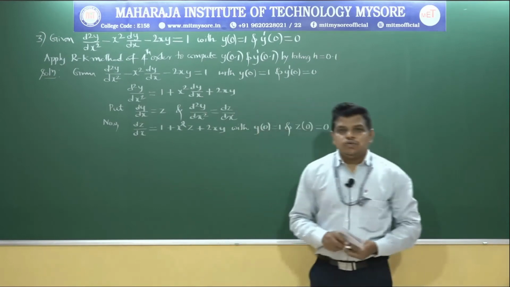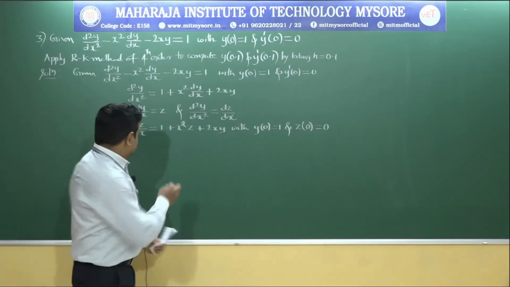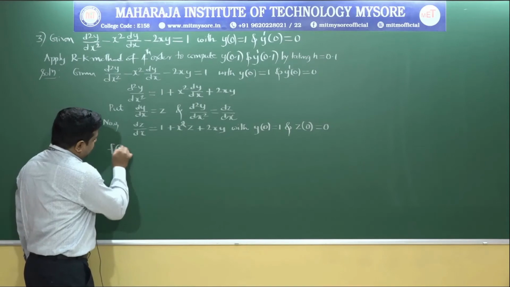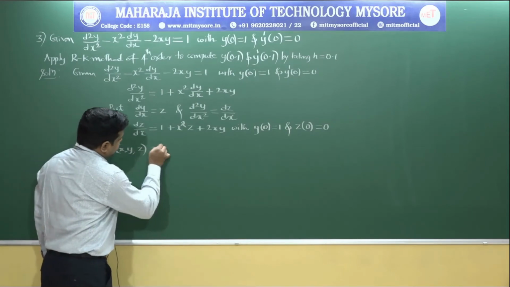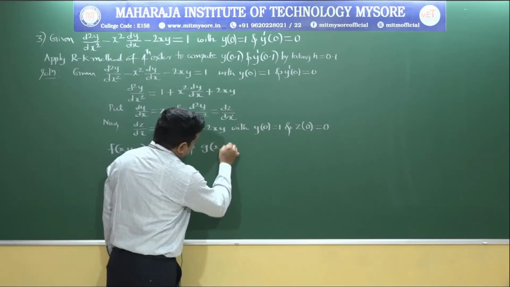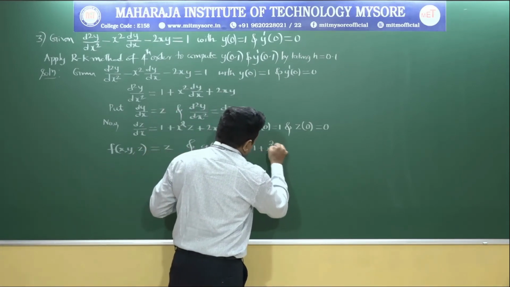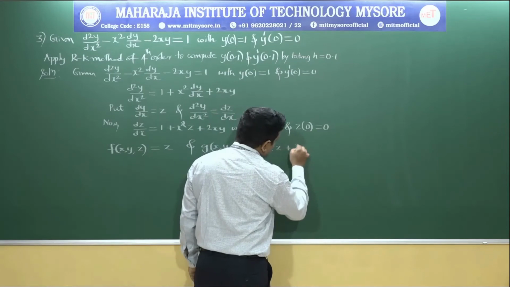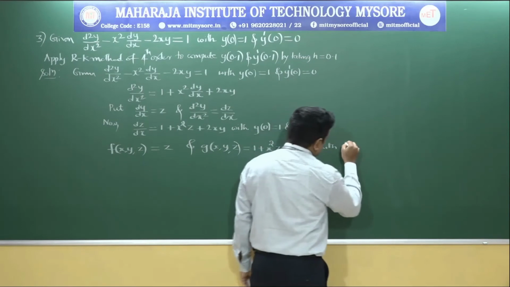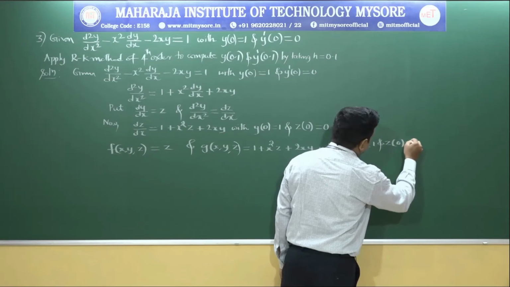Now we have two simultaneous differential equations. The first simultaneous differential equation is f of x comma y comma z equals z and g of x comma y comma z equals 1 plus x square z plus 2xy with the initial condition, that is y of 0 equals 1 and z of 0 equals 0.